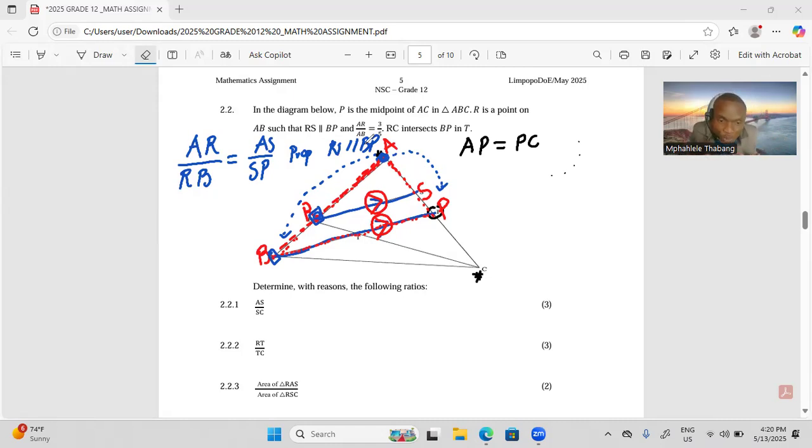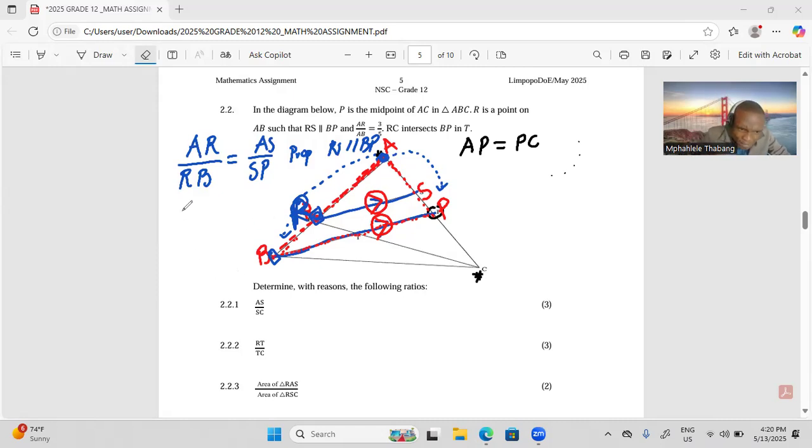So you have a right to say AR over RB equals AS over SP, or you can apply the prop theorem differently.